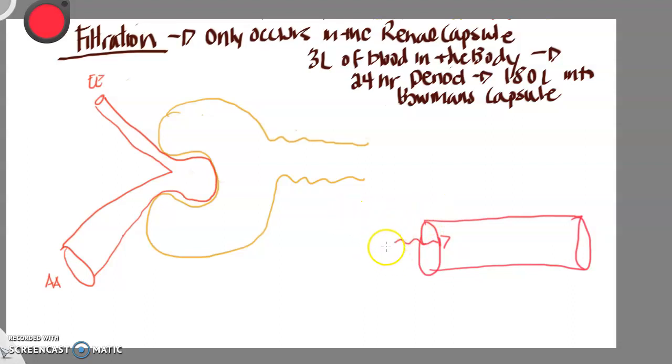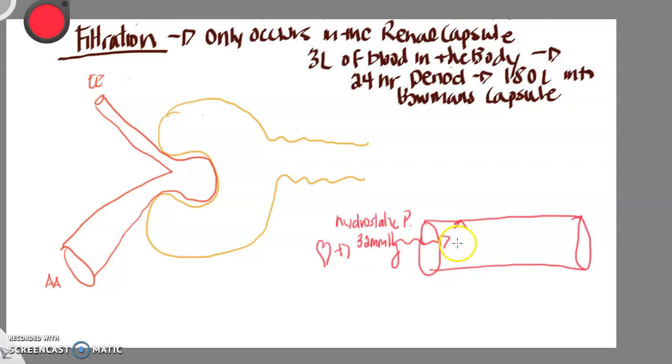So it comes in at about 32 millimeters of mercury, and we call that hydrostatic pressure. And that comes from the heart. Okay, so we know that the blood enters the capillary at 32 millimeters of mercury, and that pressure is putting pressure on the walls of those capillaries, right?